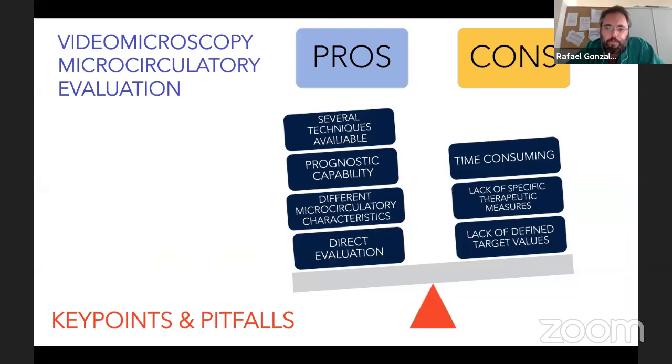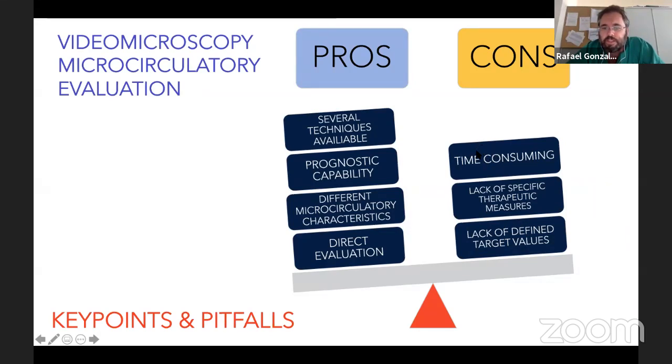We can perform direct evaluation and repeated evaluations, which might be useful to see the response to different treatments. But there are several points that we have to take into account.